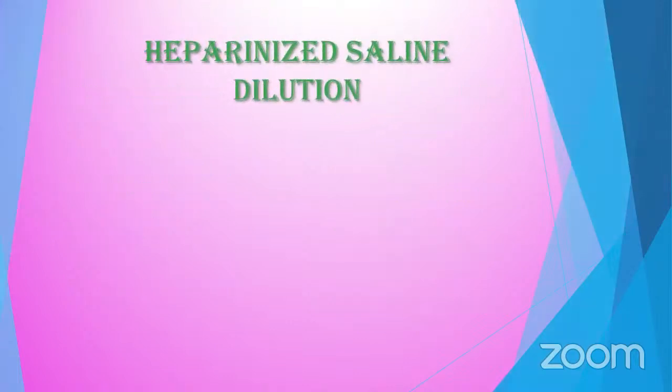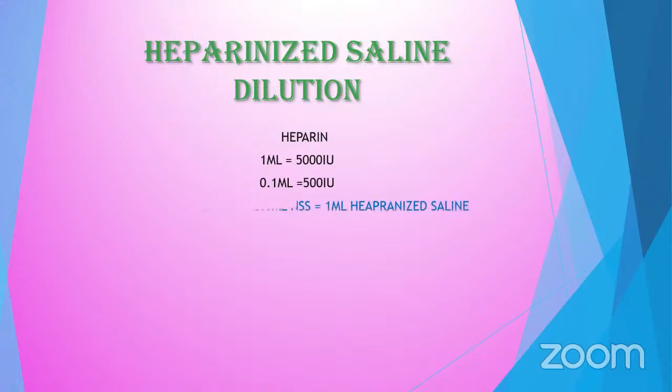And then here is the heparinized saline dilution. First, we need 1 ml of heparin. 1 ml is equal to 5,000 IU. Then from that, we take 0.1 ml, which is equal to 500 IU. Then take 0.1 ml of heparin plus 0.9 ml of normal saline, which is equal to 1 ml of heparinized saline.